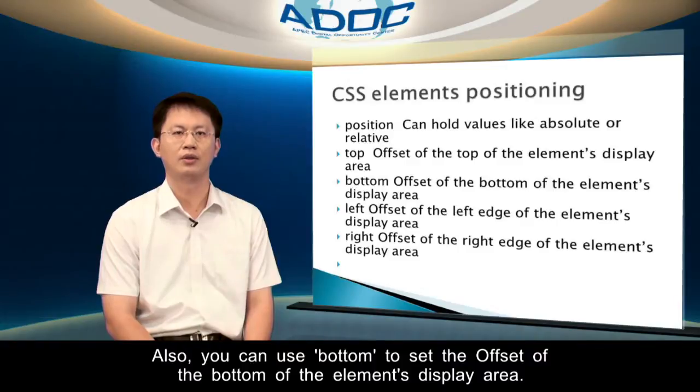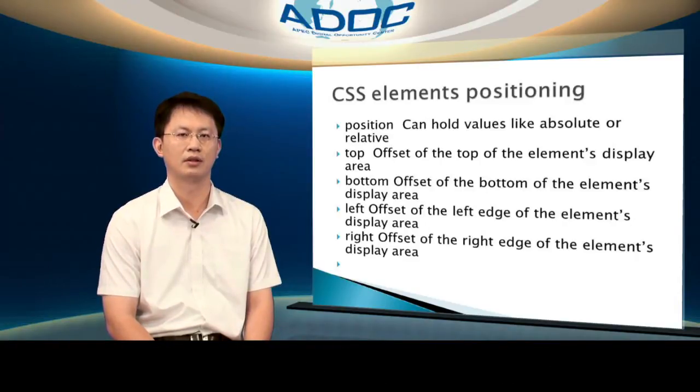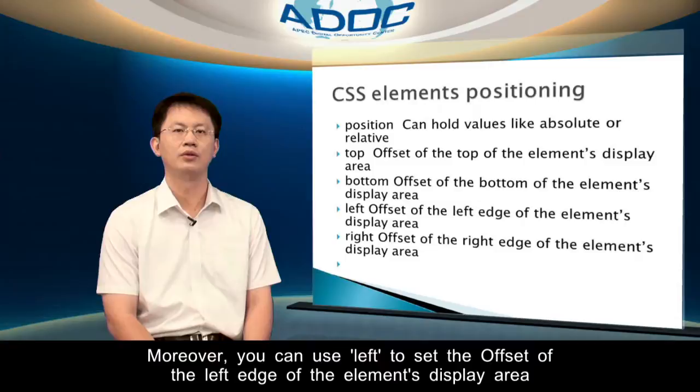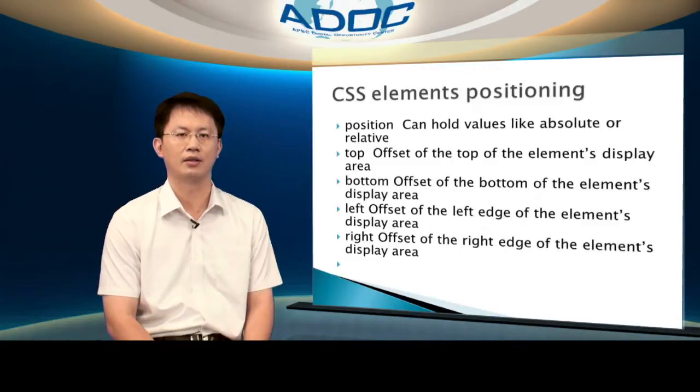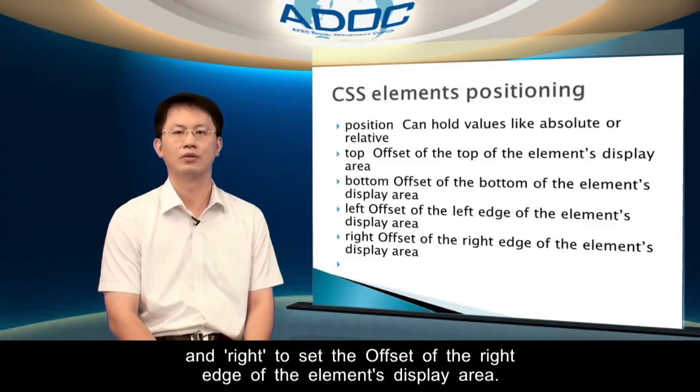Also, you can use bottom to set the offset of the bottom of the element's display area. Moreover, you can use left to set the offset of the left edge of the element's display area, and right to set the offset of the right edge of the element's display area.